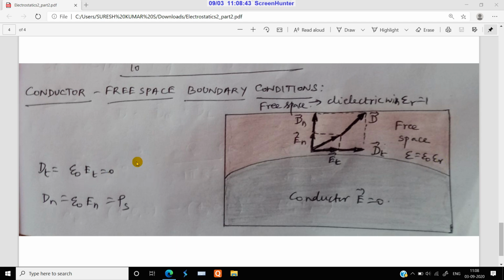For the boundary condition of this free space, the tangential component of the flux density is going to be 0, and the tangential component of the electric field is also going to be 0. The normal component between the free space and the conductor is going to be equal to the surface charge density.